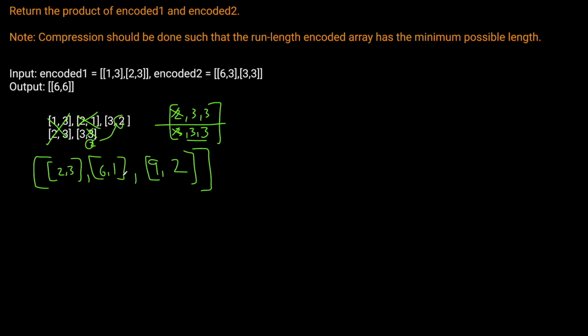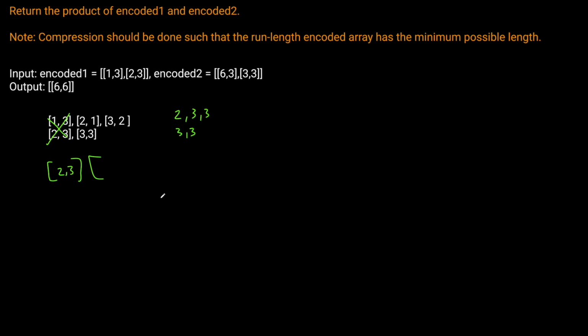So the algorithm that we want to do here, if you didn't already catch on to it, is that we want to have an I pointer and a J pointer. I is going to represent the first array, and J is going to be for the second array.